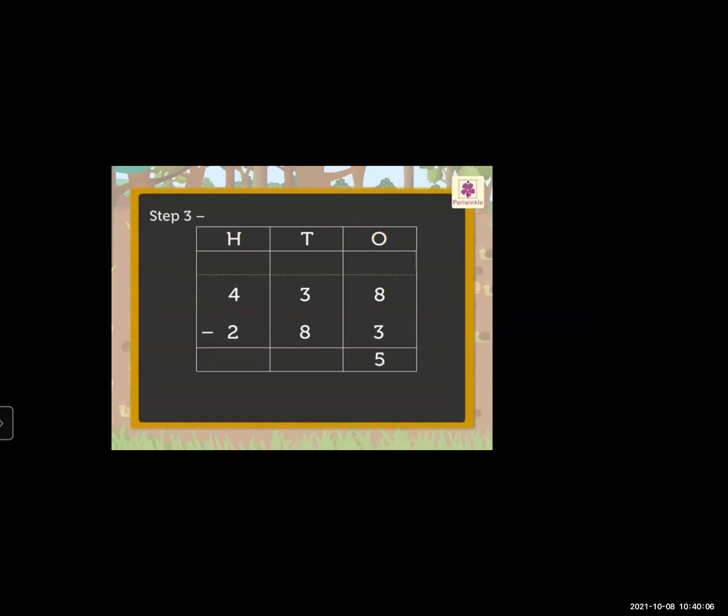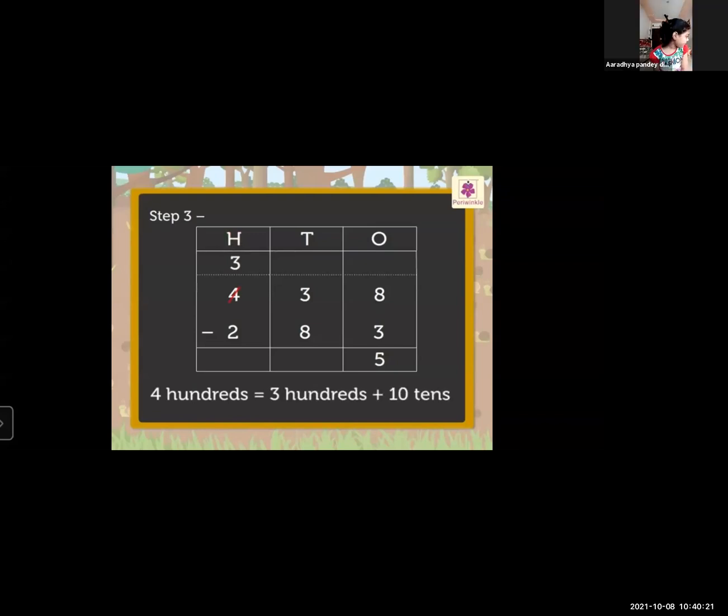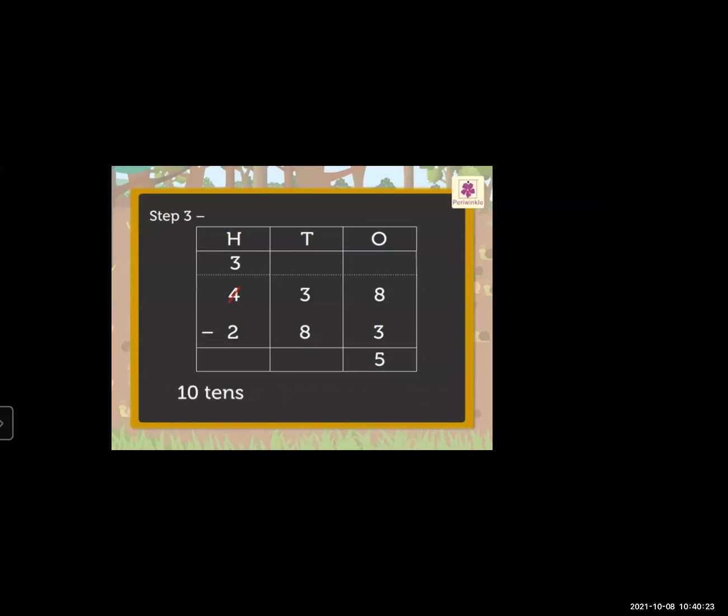Subtract the digits in the tens column. That is 3 and 8. As 3 is smaller than 8, we regroup 4 hundreds as 3 hundreds plus 10 tens. Now we have 10 plus 3 is equal to 13 tens. Therefore, 13 minus 8 is equal to 5 tens. Write 5 in the tens column.